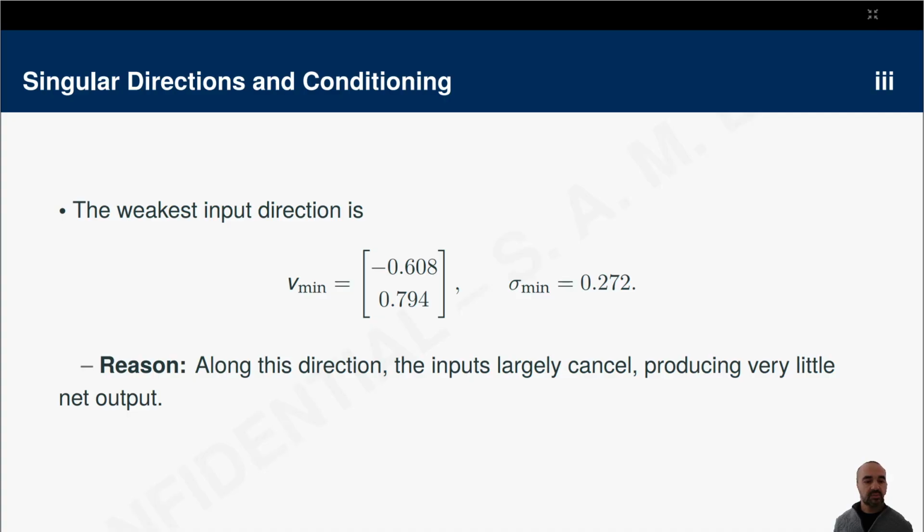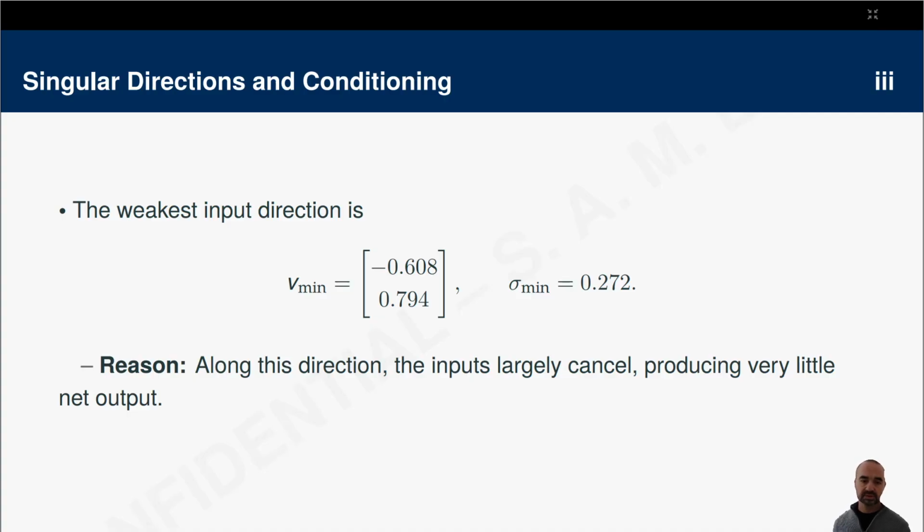And then we have sigma min, the weakest input direction. V min is minus 0.608 and 0.794, and we get sigma min as 0.272. That's the minimum, and it might be thought of as the worst case scenario, because in this direction the input is significantly attenuated.